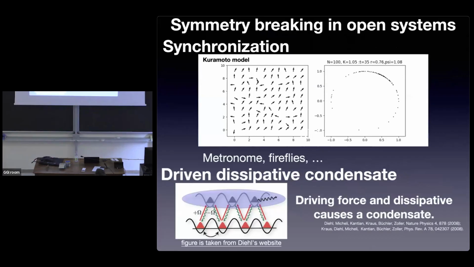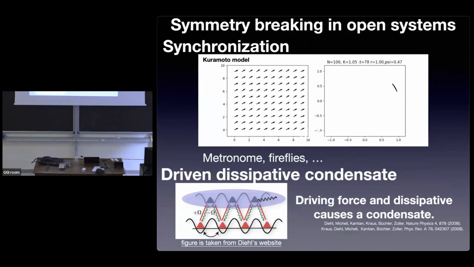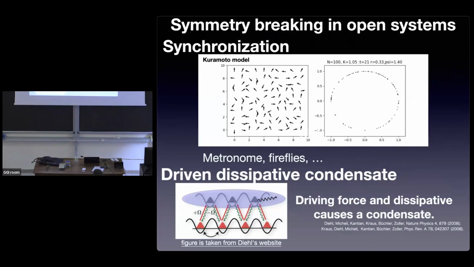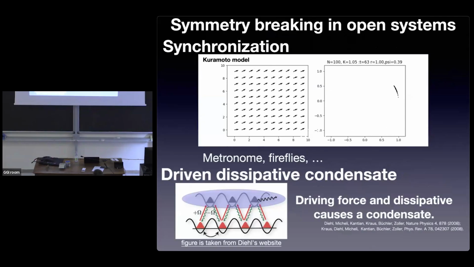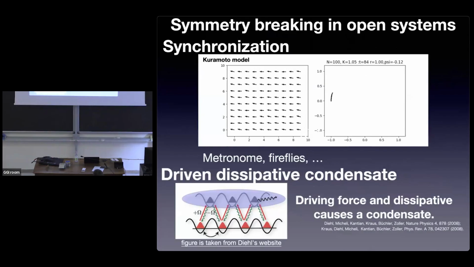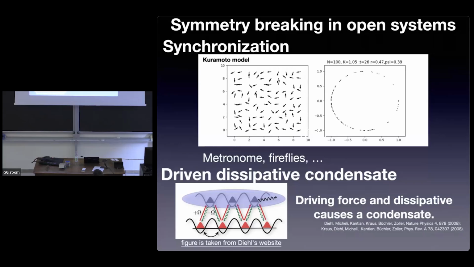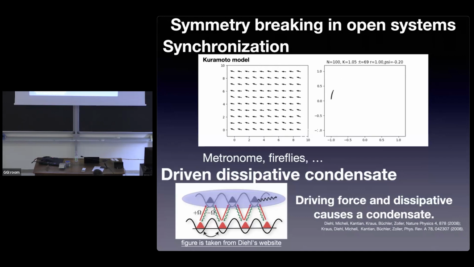Another case, in a condensed matter system, is the driven dissipative condensate. This is a kind of Bose-Einstein condensation driven by some external field. If you put a laser or some electric field into the system, then the system is excited, but because of the radiation, that dissipates.